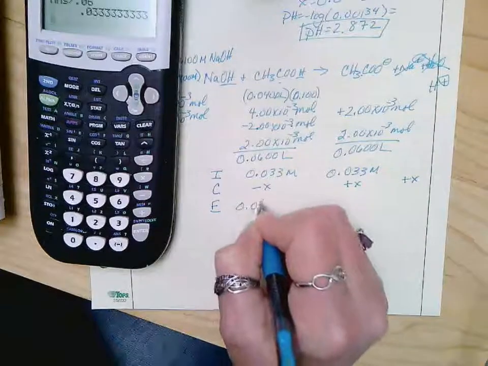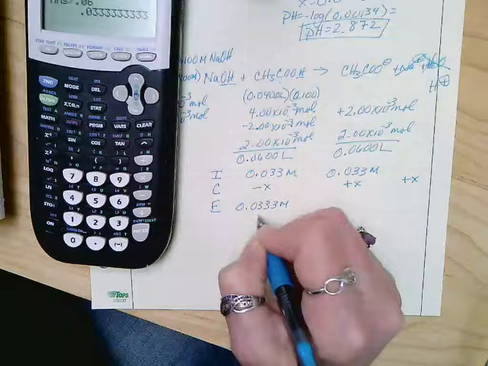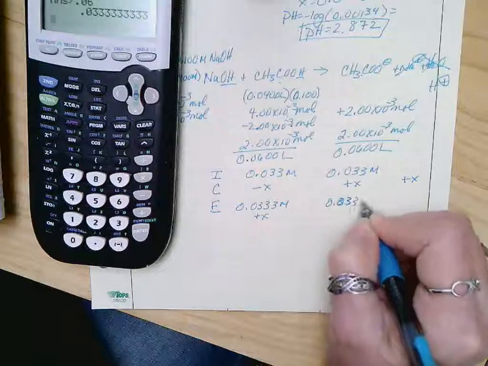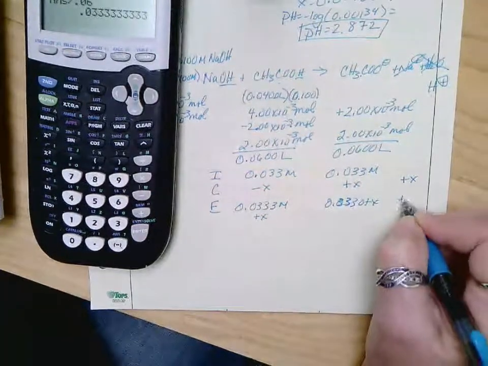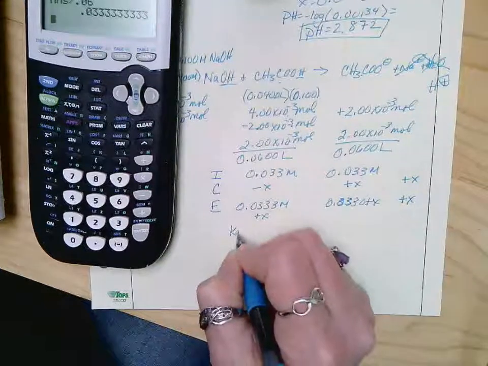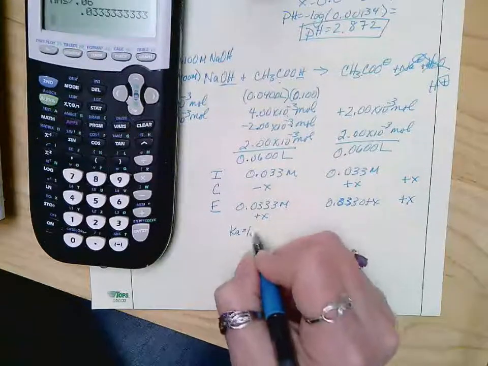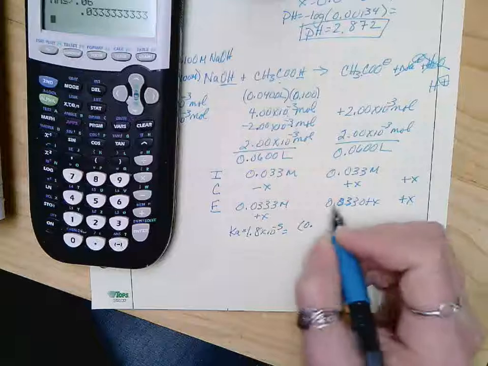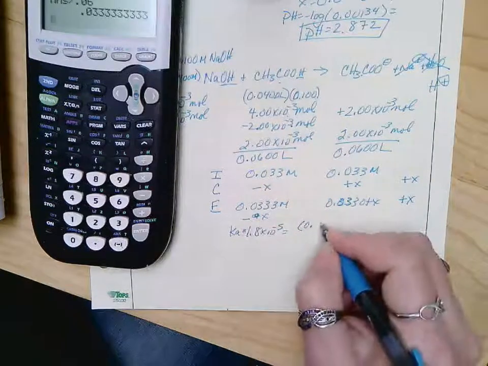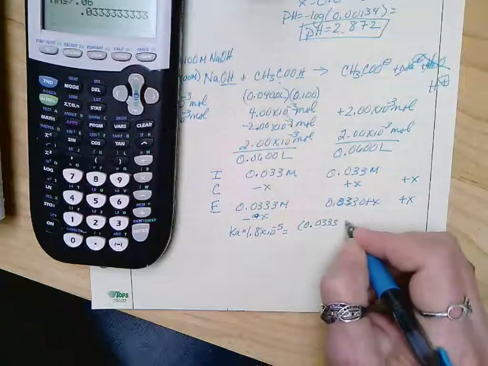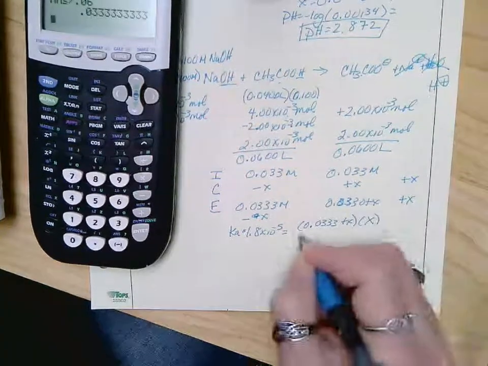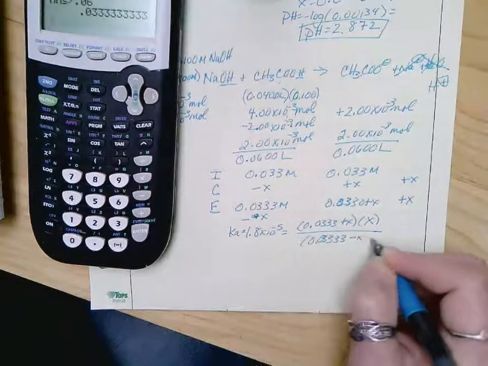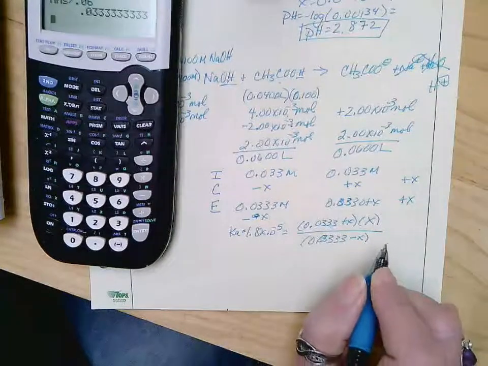And that gives me 0.0333 molar plus X, 0.0330 plus X, and plus X. So Ka is going to equal 1.8 times 10 to the negative fifth, which is going to equal, this should be minus X, 0.333 plus X times X divided by 0.333 minus X.